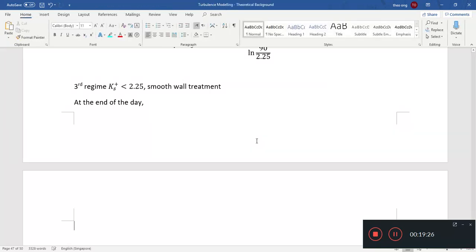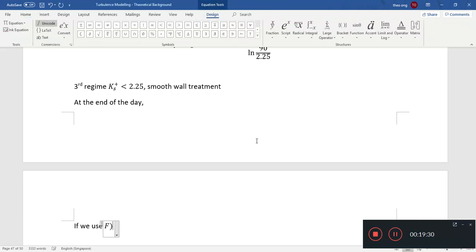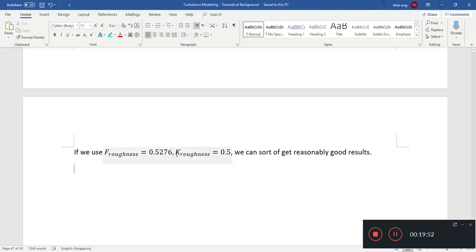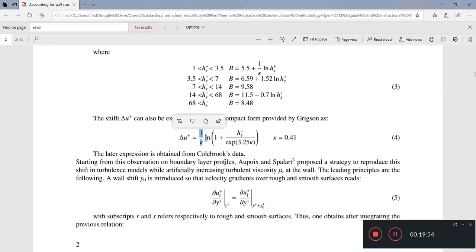If we use f roughness equals 0.5276 and k roughness equals 0.5, we can get reasonably good results. This is derived from the roughness wall function over here, provided by Grigson, and is obtained from Colebrook's data.